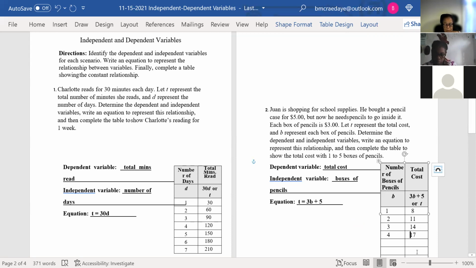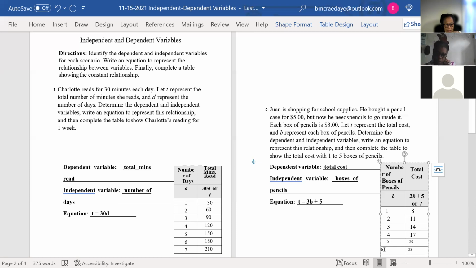At 6, you add 3 because that's the cost of a box of pencils, $3. So that will be 23. You're really just calculating it from the total.